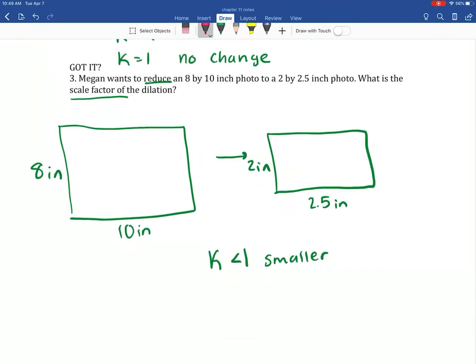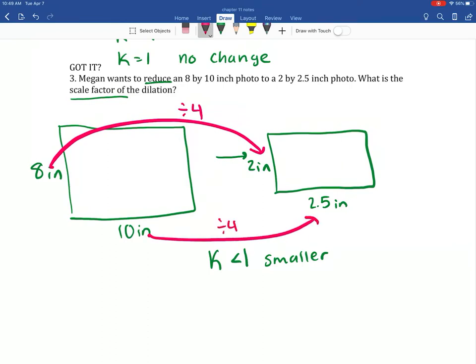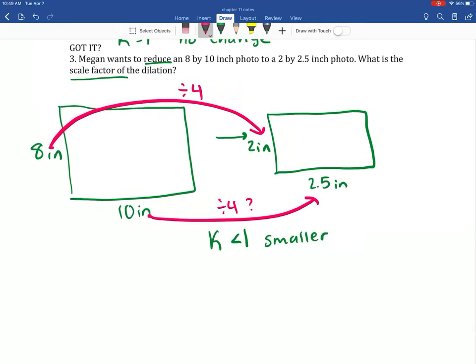So how do I get from 8 to 2? Well, I would divide by 4. Is that the same thing to get from 10 to 2.5? Do I divide by 4? Yeah, you do. Well, another way I could write this is I could compare 2 to 8 because they are in the same position.